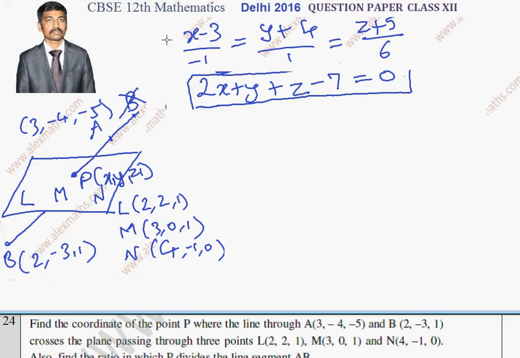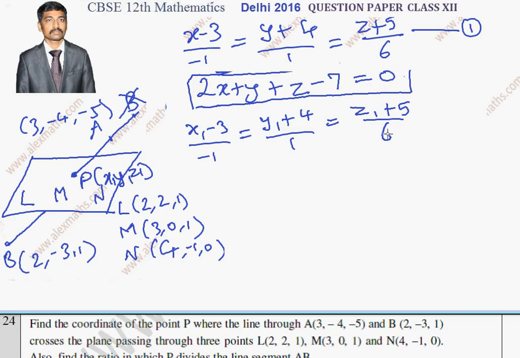So if I substitute this point P in the line equation, we will be getting (x1 minus 3) by minus 1 equal to (y1 plus 4) by 1 equal to (z1 plus 5) by 6 equal to k.